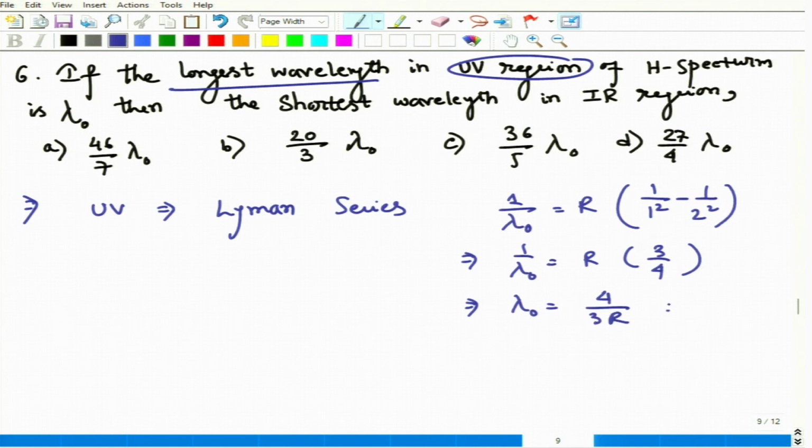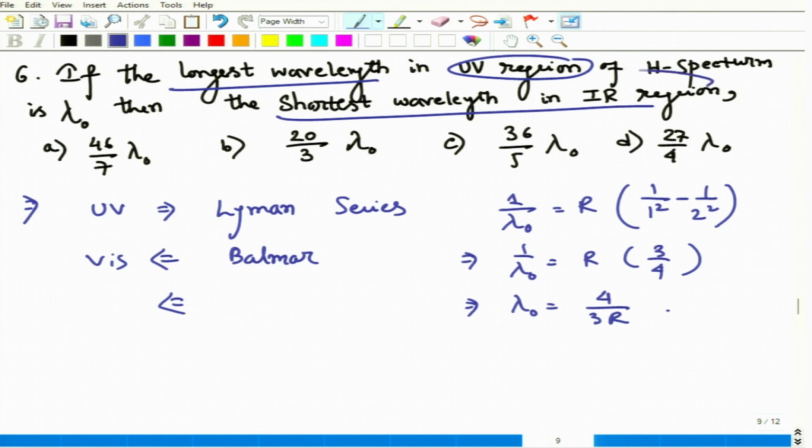Okay. Now we have to find out the shortest wavelength in IR region. Okay, UV Lyman we know, then the Balmer is also visible, right? Then Lyman, Balmer, Paschen, these series are there, right? But okay, they have asked for the IR region, that's important. IR region and the shortest wavelength of the IR region. Okay, you understand this is the UV region, then the visible region, and then the IR region.